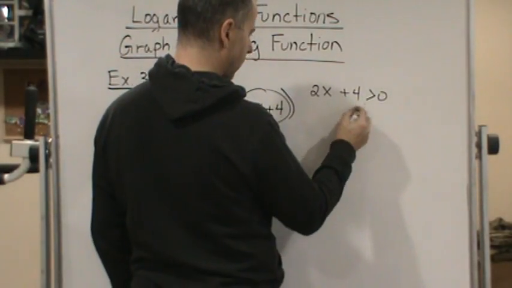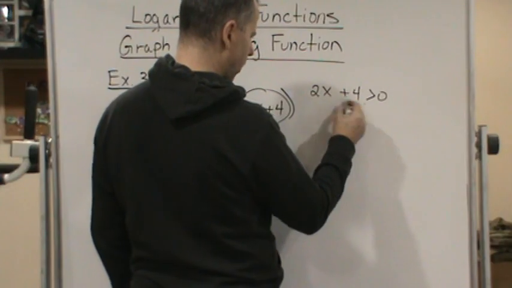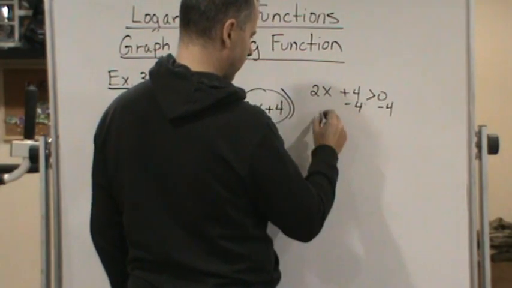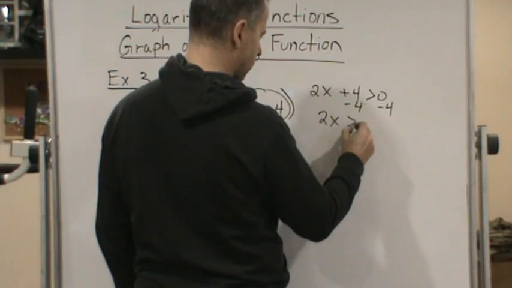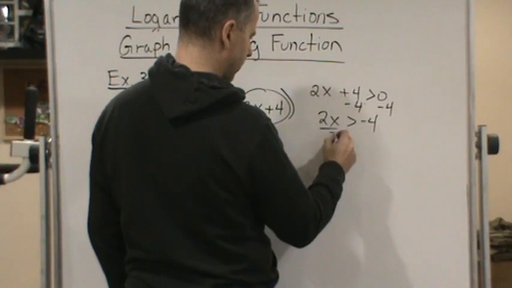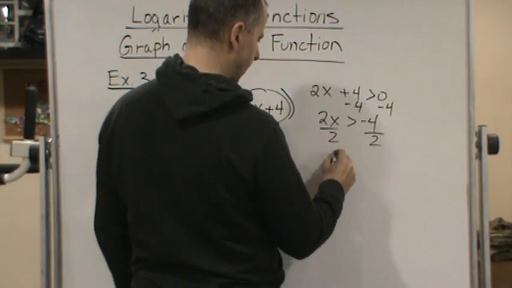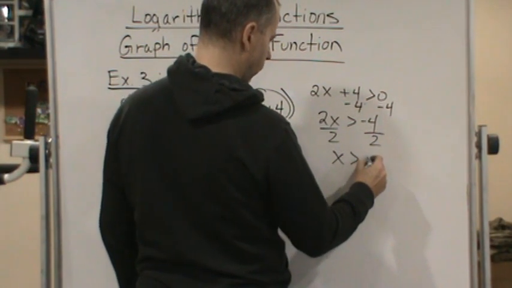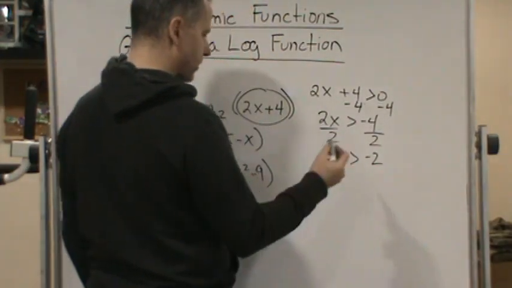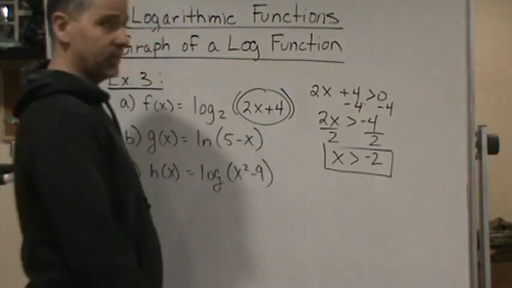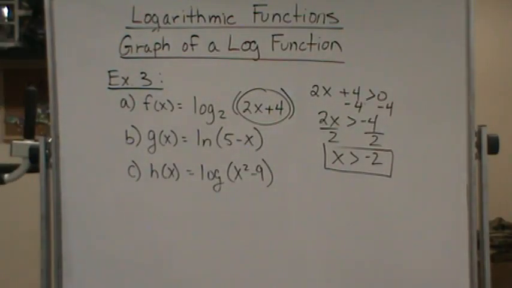So in this case here, if I solve for the inequality, I'm going to subtract 4 from both sides, right? So that's going to give me 2x is greater than negative 4. And if I divide by 2 on both sides of the inequality, I get x is greater than what? Negative 2. So that's the domain. The domain is all x values that are greater than negative 2.